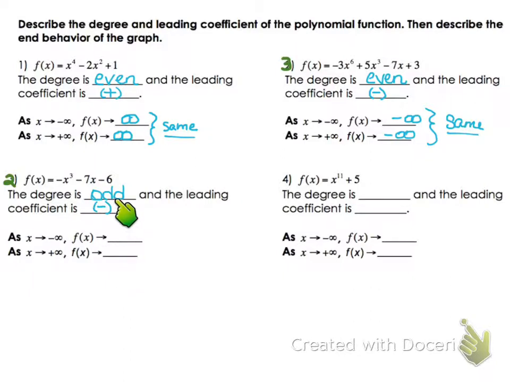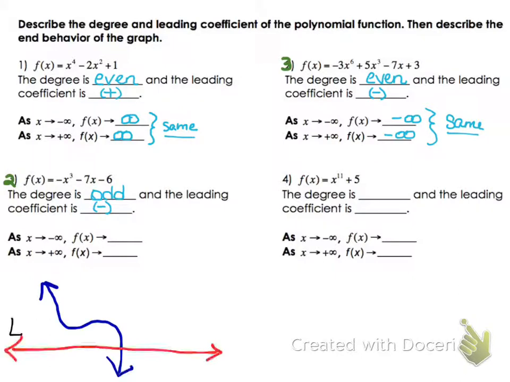Since it's odd, it has opposite end behavior, so if this one's going down, this one's going up. So we say one's going to positive infinity and one's going to negative infinity. So a little picture sometimes helps you there. The right side is going down, the left side is going up.